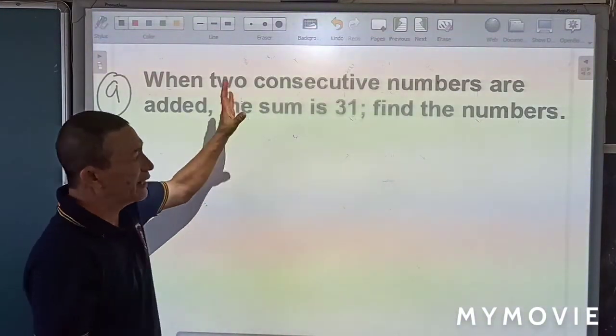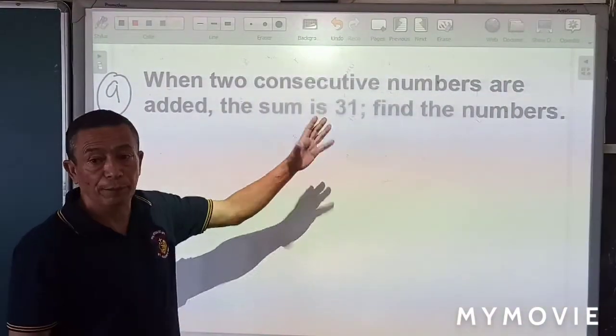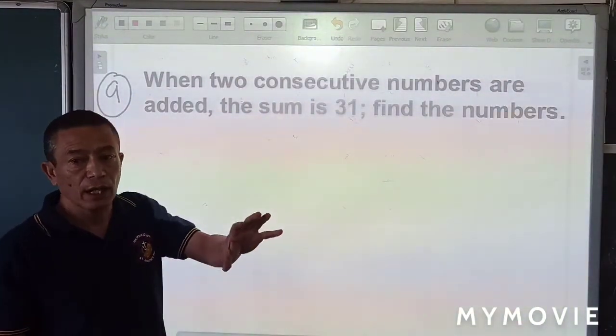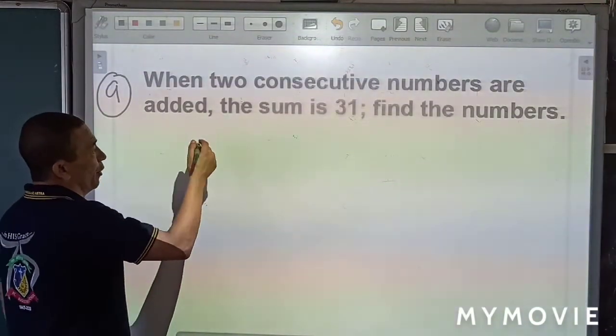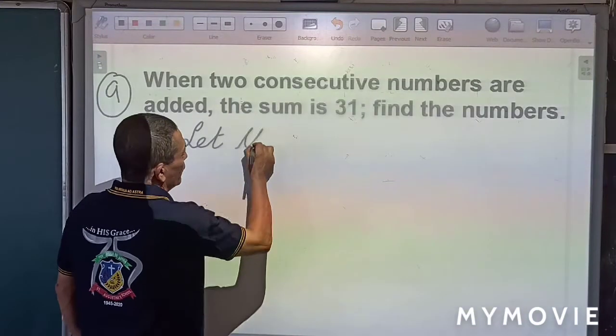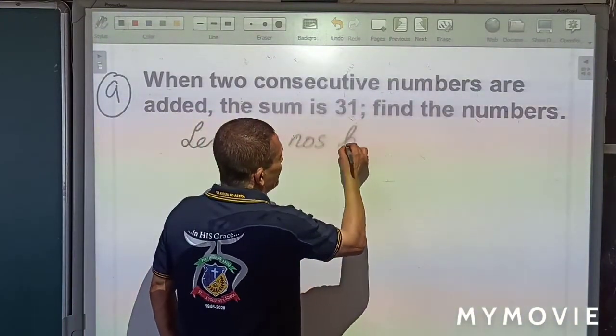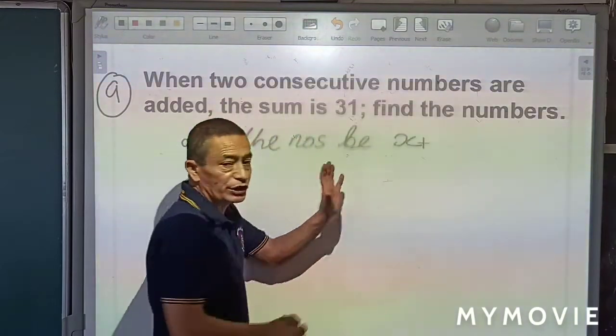So, they are saying there are two numbers, consecutive numbers, meaning coming one after the other. So, let the numbers be x, which is the first number.